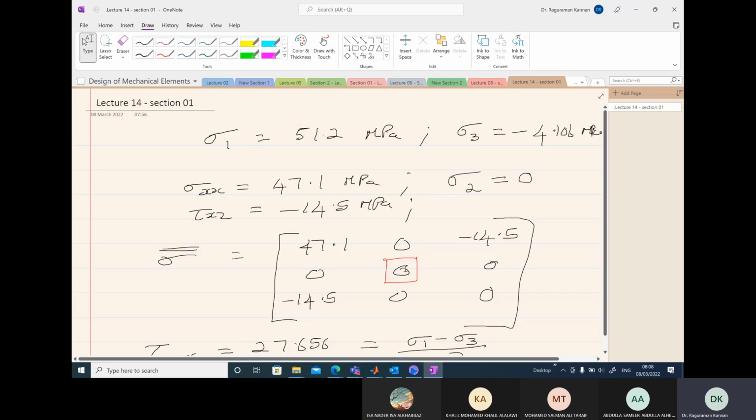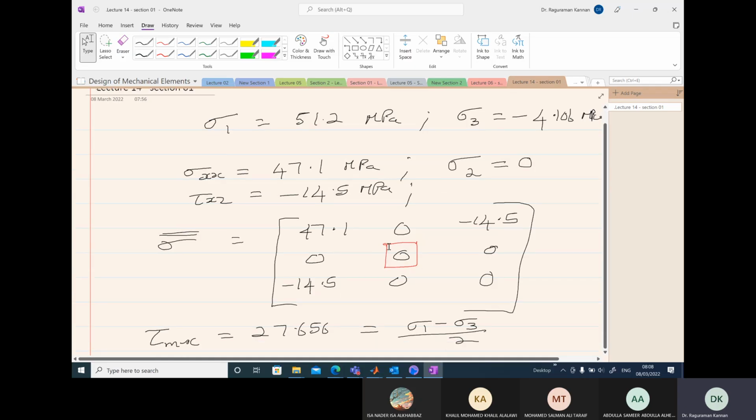So we have to take this into account. Never forget to represent your stress tensor always as a 3D stress tensor. And when you do that, one of the values will come out as the principal stress value. Okay, this is very, very important when you are figuring out what is the maximum shear stress.